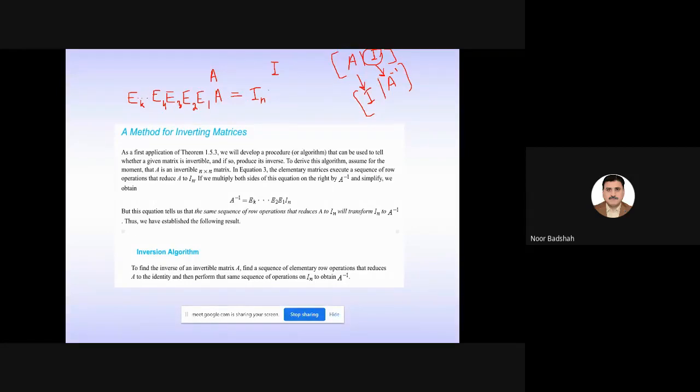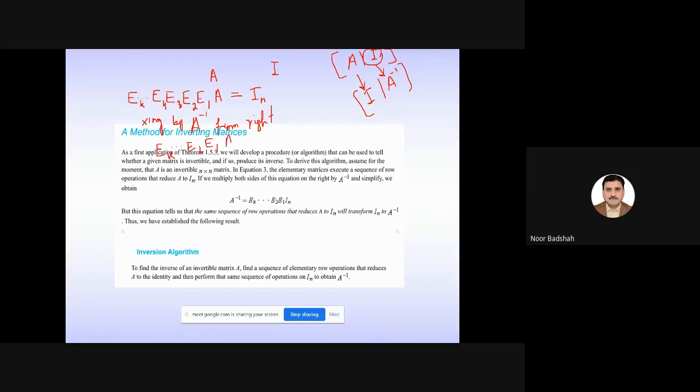If I multiply this matrix by A inverse from the right, what do we have? You are having all these elementary matrices, Ek dot E2 and E1. I'm not writing all of them now.